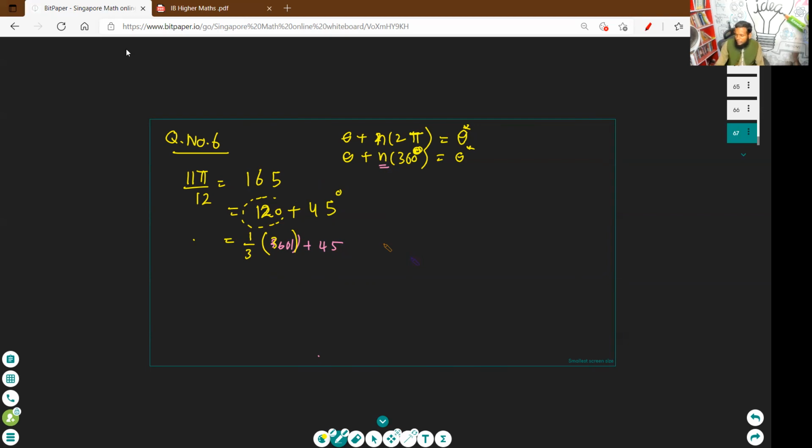N will not be in fraction form. Okay, okay. Then n has to be an integer, positive or negative. So it is not a good way.